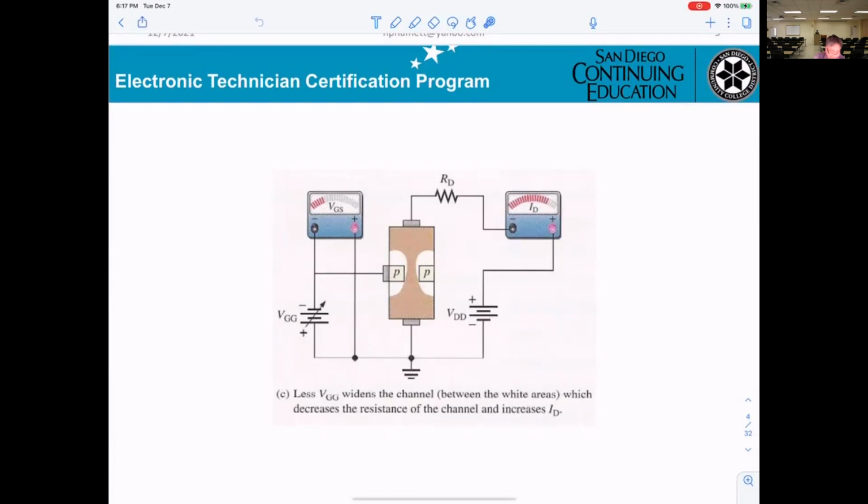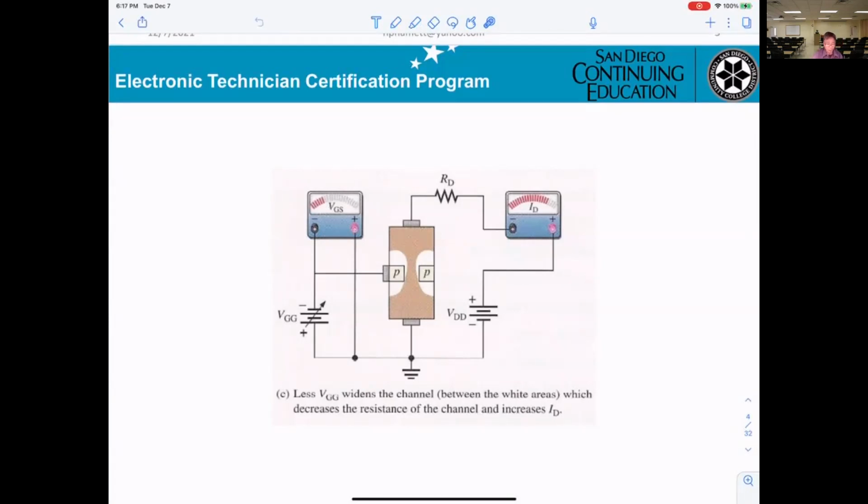More current from the drain goes into the source. That's a very simple thing. Let VGG widen the channel, which decreases the resistance of the channel, and that will give you more current in the ID.